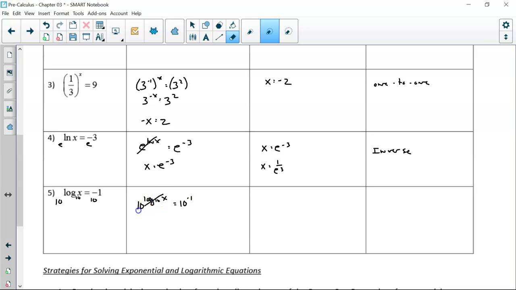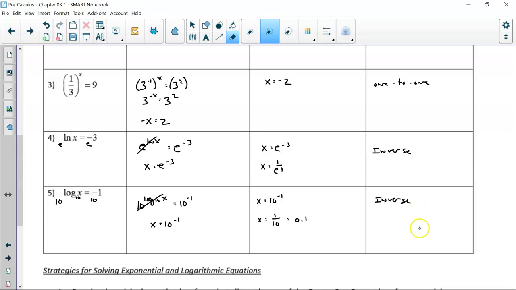The exponential and the log cancel each other out, so x equals 10 to the negative first, which is also the same as x equals 1 over 10, or 0.1. And that's, once again, using inverses. So keep that as a guide as you're working on these problems.